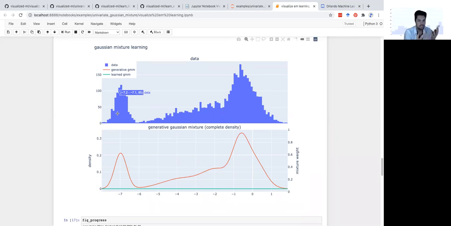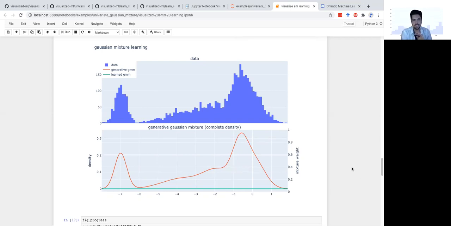What a Gaussian mixture is, for those who aren't familiar already, is just a combination of Gaussian distributions. A simple Gaussian distribution would be one bell-shaped curve. The data that I sampled here, this is the original distribution. It has one component here, a small one here, a small one here, a larger one here, maybe another one here.